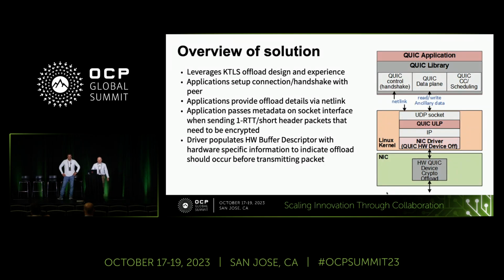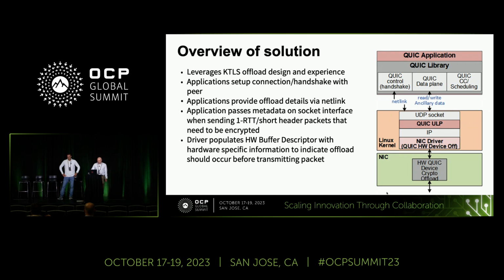Now, what is a solution that we might look at for doing offload? As I said before, KTLS and the kernel changes in KTLS did all the heavy lifting here. This was an industry effort, and our NICs support this. It was a real industry effort to figure out how to offload TLS into the kernel.